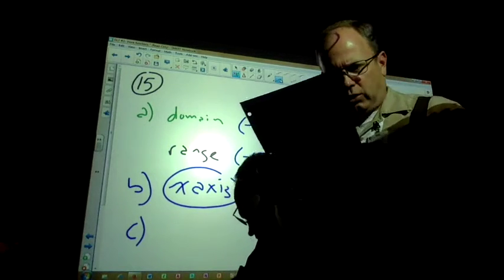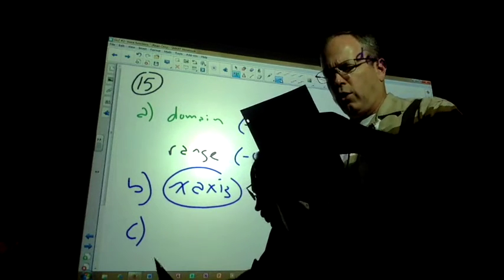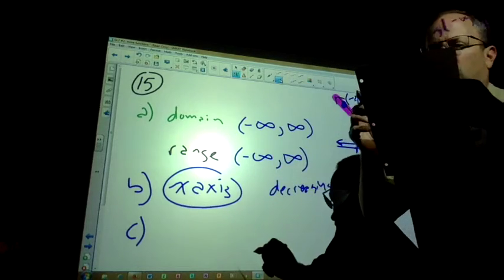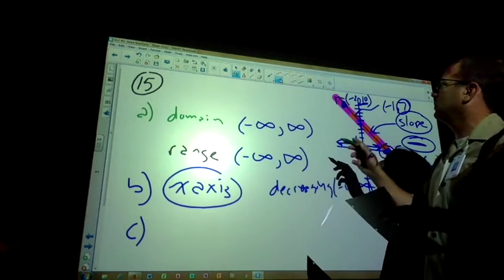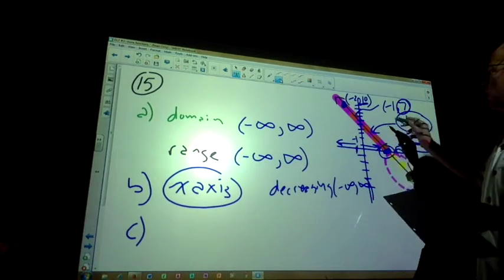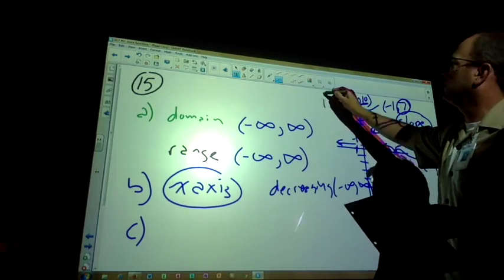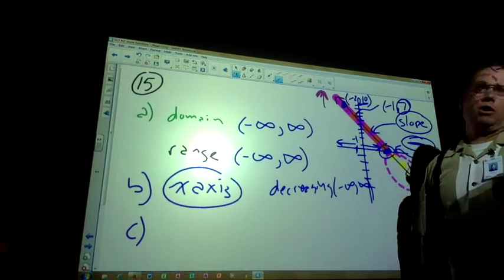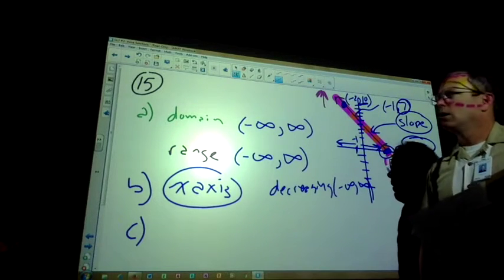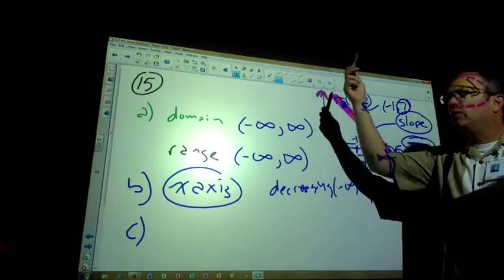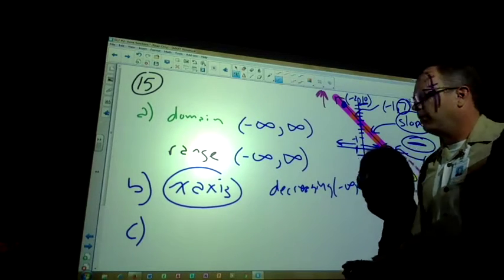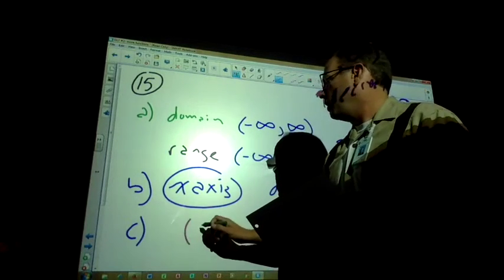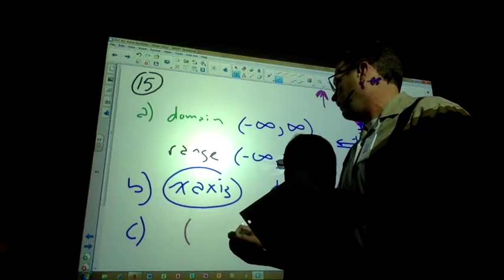Okay? So, for letter C, it states, give the intervals on the y-axis where it is positive. So, where is it above? Where is this line going right here? How far up is it going? Infinity. So it's going all the way up to infinity.